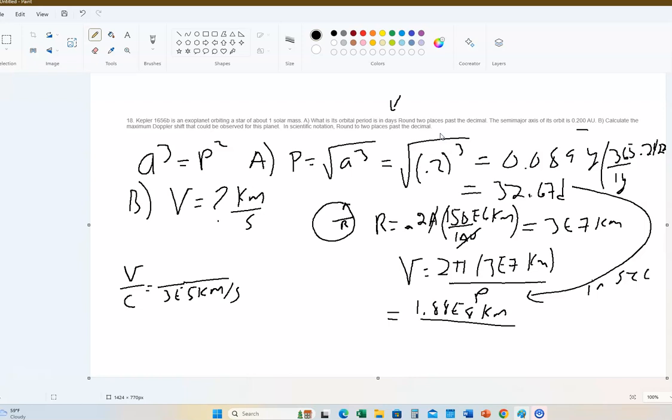Then times 24, times 60, and times 60 again, because of course there's 60 minutes in an hour and 60 seconds in a minute. Anyhow, that gives me the period.